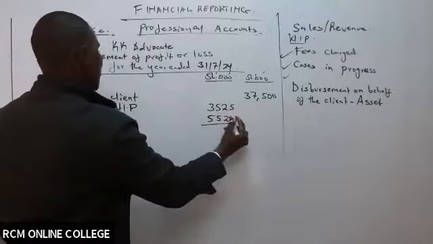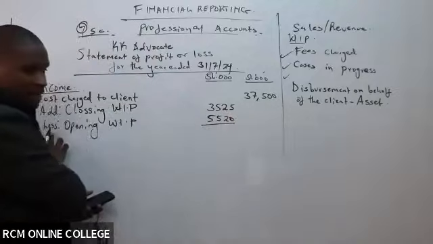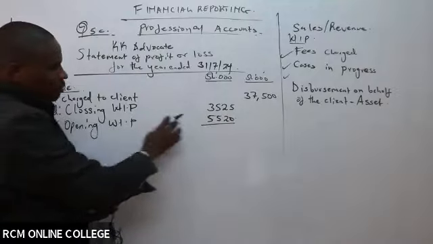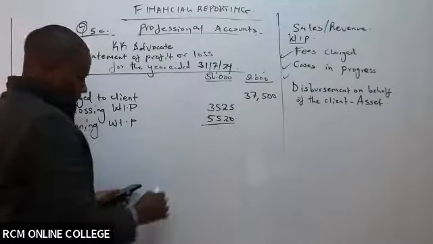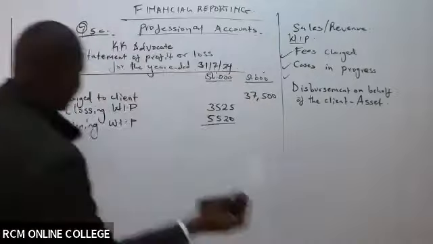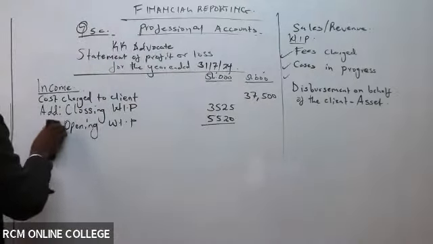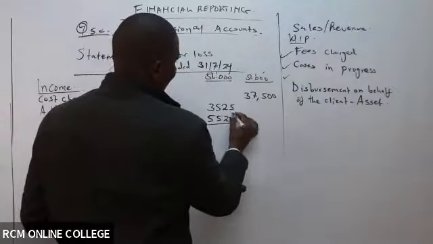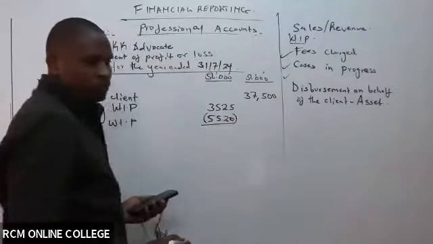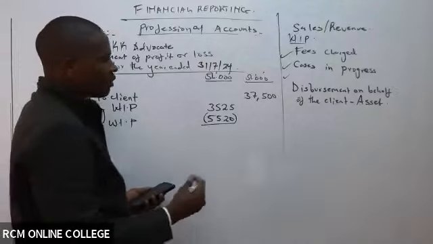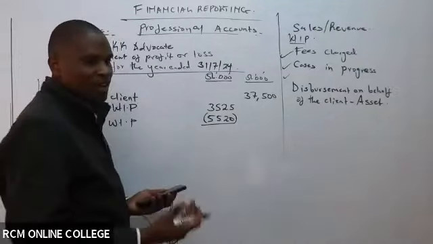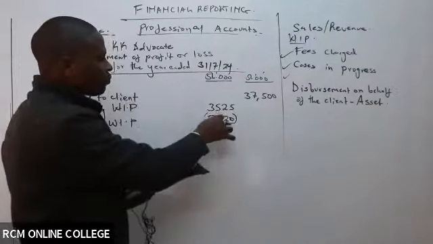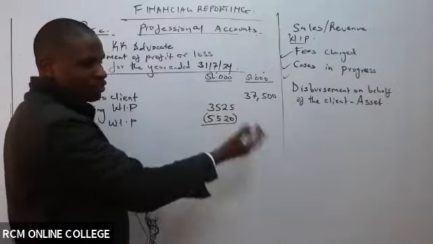If you put less here, it is advisable to put a bracket. Sometimes students tend to forget, therefore I advise that you put your bracket here. During the exam, when you are in that room, pressure is very high, so you tend to forget and you add them, which is wrong.